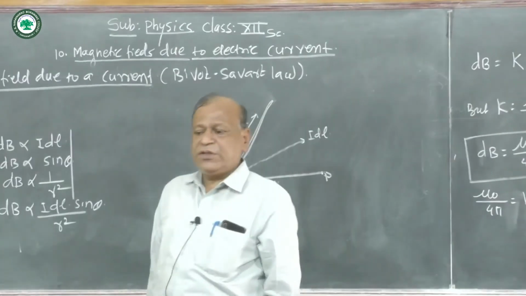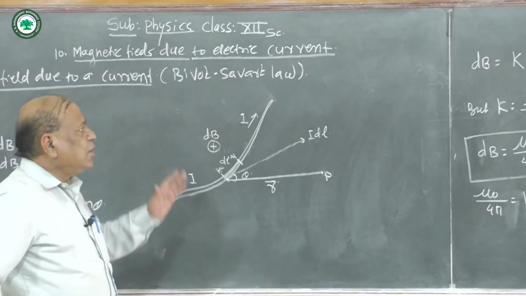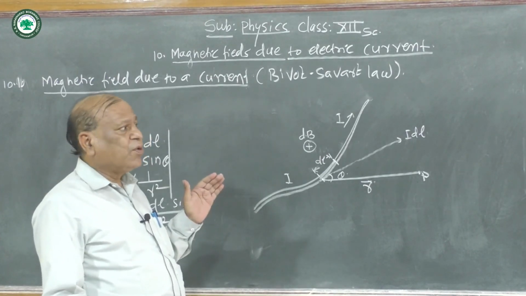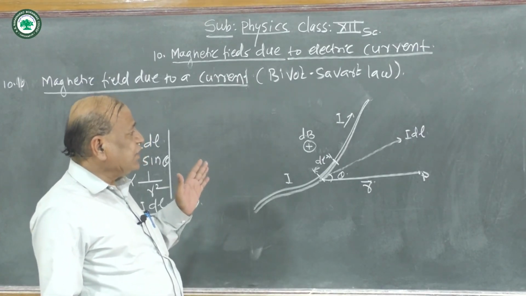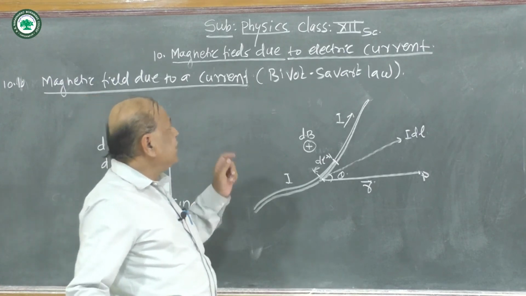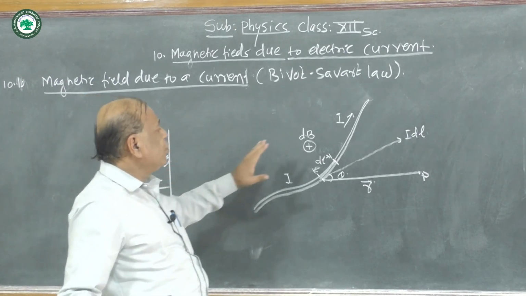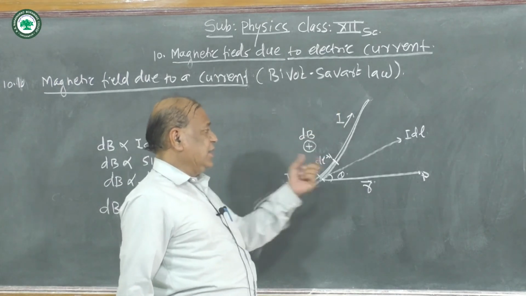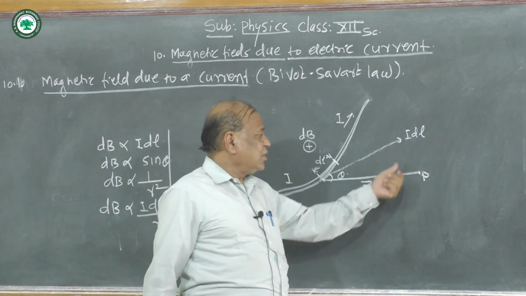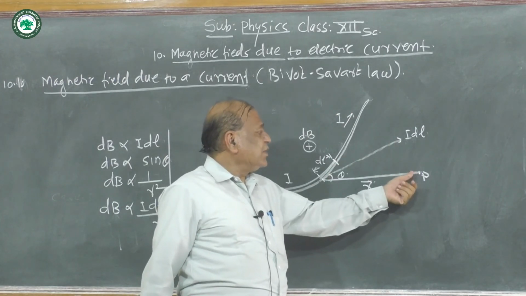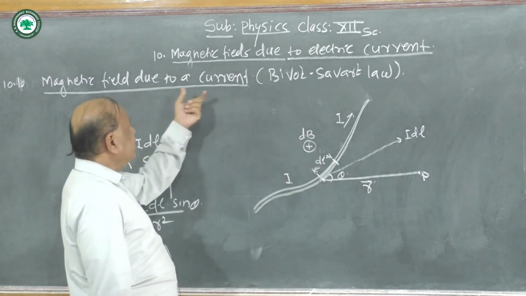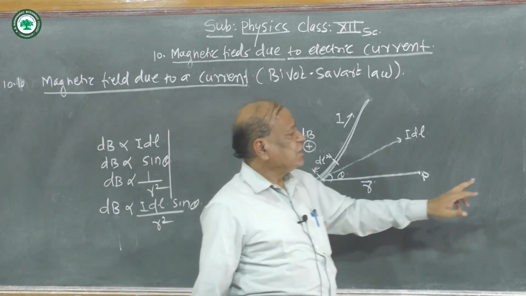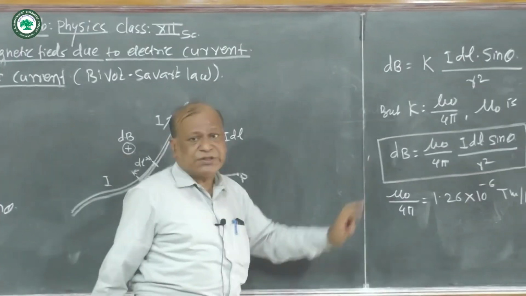In this way, using this Biot-Savart law, we can easily find the magnetic field due to that current carrying element. Now we have found the magnetic field due to a current at point P, given by this equation.